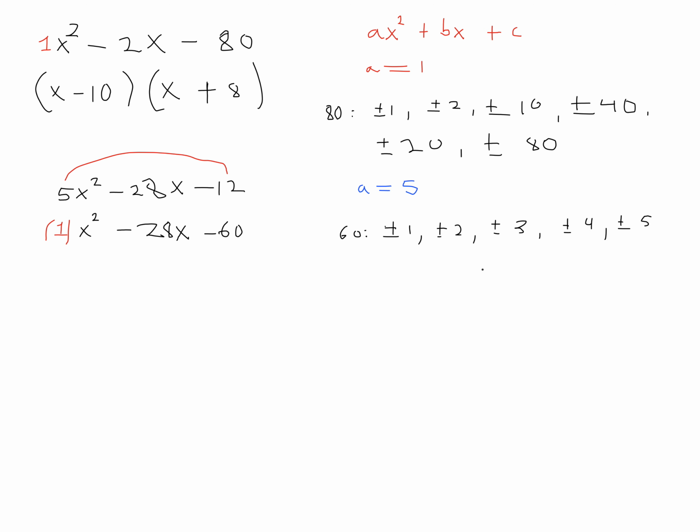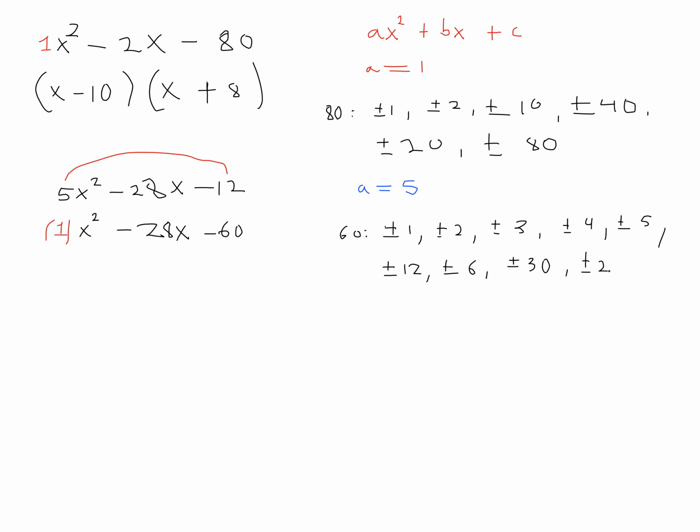You guys might get bored, but this is very important, so let's keep going. Plus or minus 12, plus or minus 6, plus or minus 30, and plus or minus 2. So two numbers that when I multiply them, I get negative 60, and when I add them up at the same time, I get negative 28.